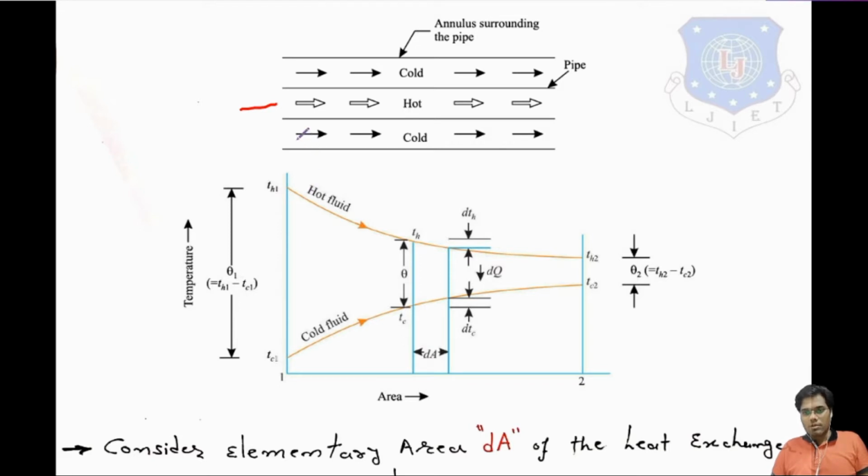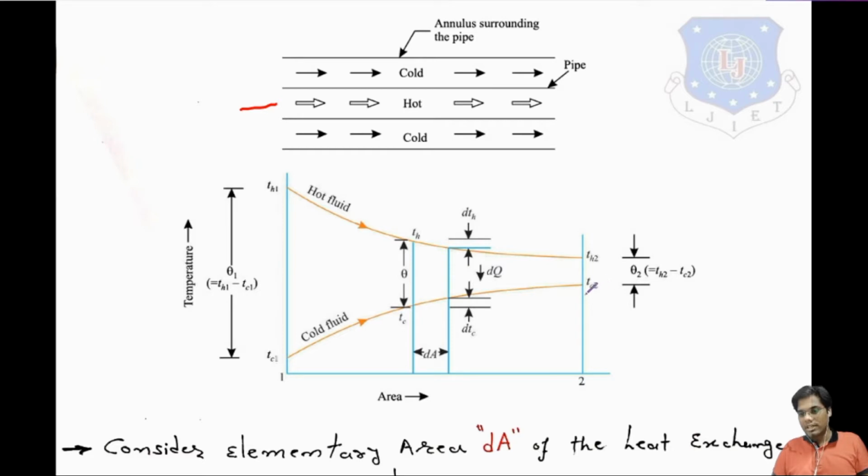Now let's talk about cold fluid. The inlet temperature of cold fluid is TC1, which is much lower than the inlet temperature of hot fluid. As we move in the direction of the outlet, the cold fluid will take heat from the hot fluid, so its temperature will gradually increase. This profile looks like this.